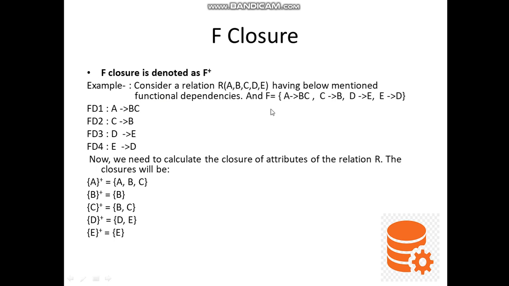F equals A tends to B, C; C tends to B; D tends to E; and E tends to D. So we have to find the functional dependencies based on this. Now we need to calculate the closure of attributes of relation R. In functional dependency A tends to B, C holds, so that means A tends to B and A tends to C.